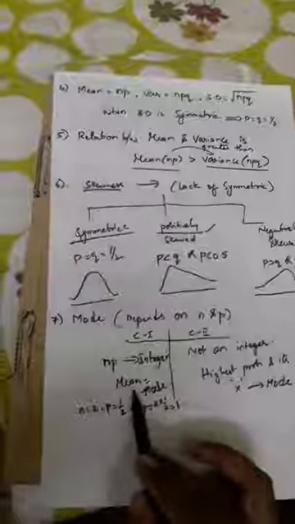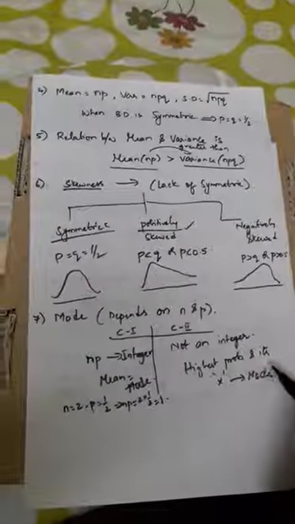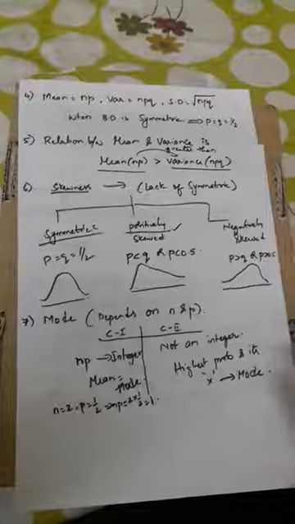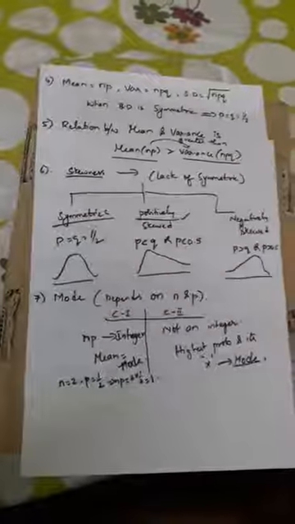So if np is an integer, directly we can take mean and mode as equal just by calculating n and p. If np is not an integer, then the highest probability term, its x is the mode value. Okay, this is the concept of mode.